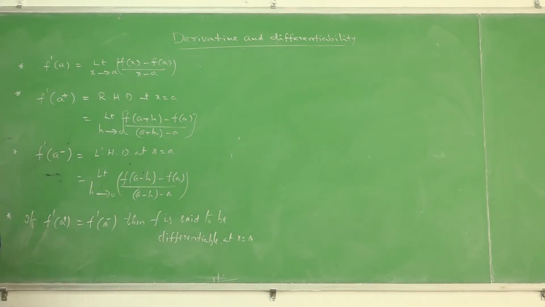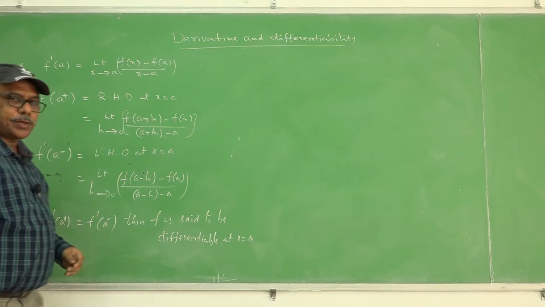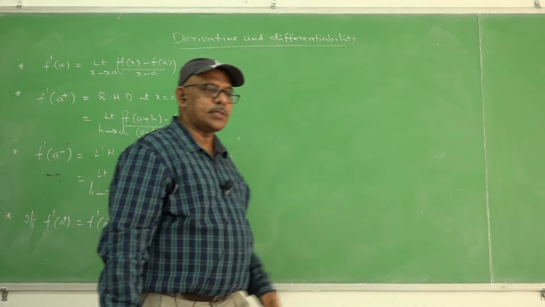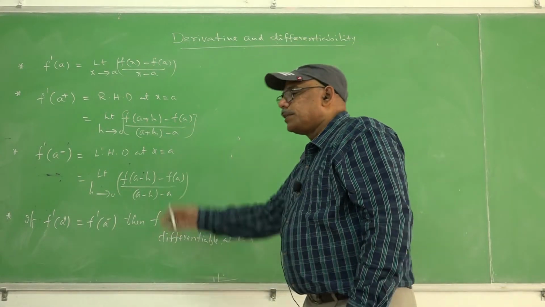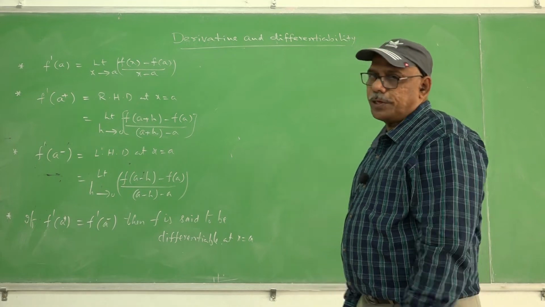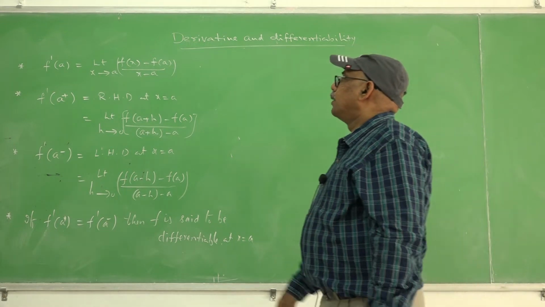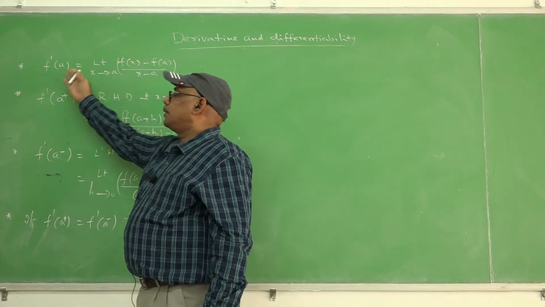This is the basic definition of the derivative. Hence, derivative is one kind of limit. Once the limit exists, we can say that the function is differentiable. Otherwise, it is not differentiable at that particular point. If the limit does not exist, then it is not derivable.